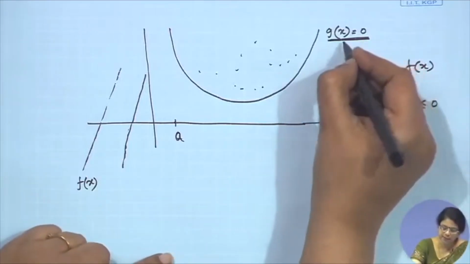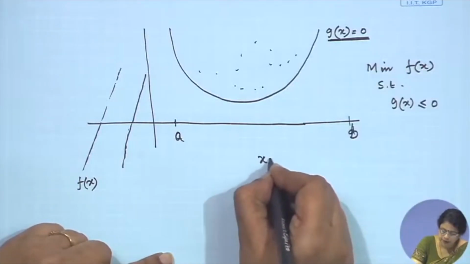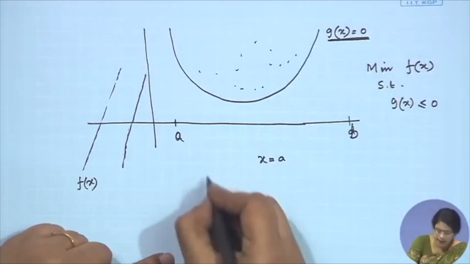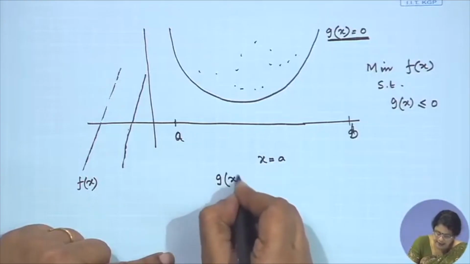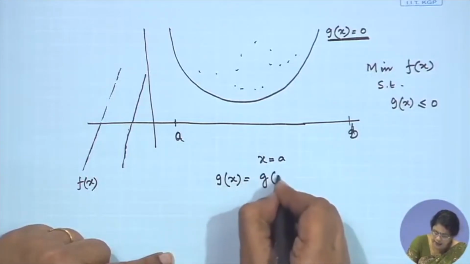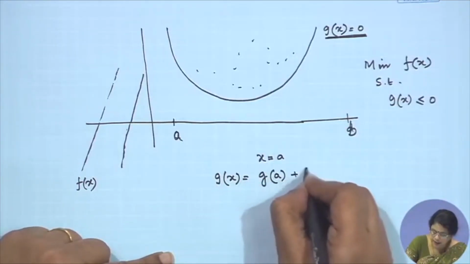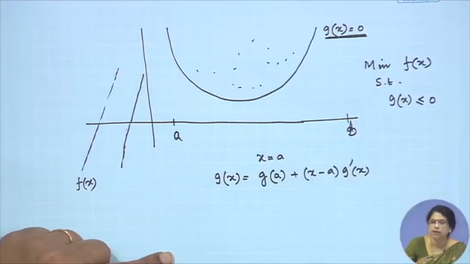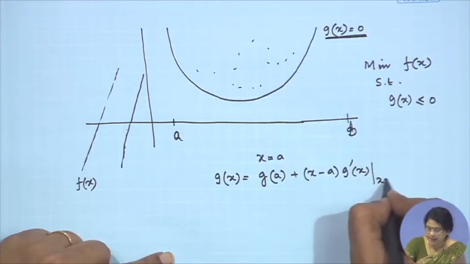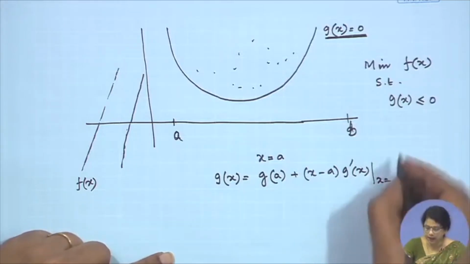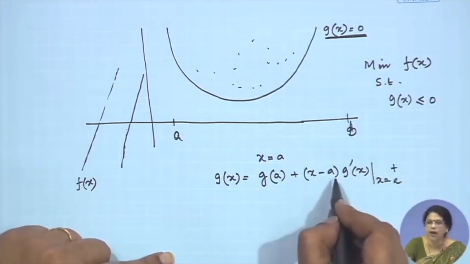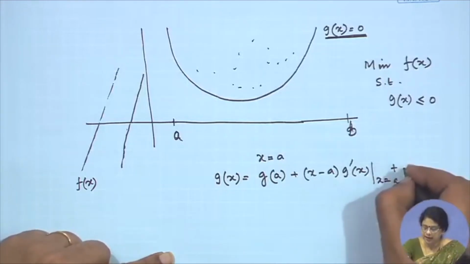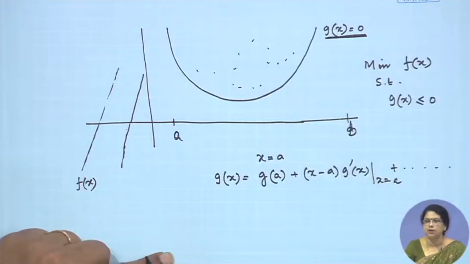If I expand g(x) at the point x = a, it can be written as g(x) = g(a) + (x - a) g'(a), where g' is evaluated at x = a, plus (x - a) squared by 2 factorial times g''(a), etc. Let me ignore all these higher terms.